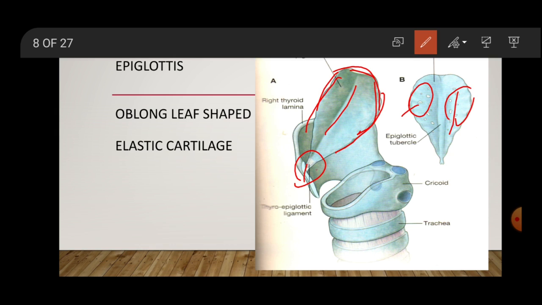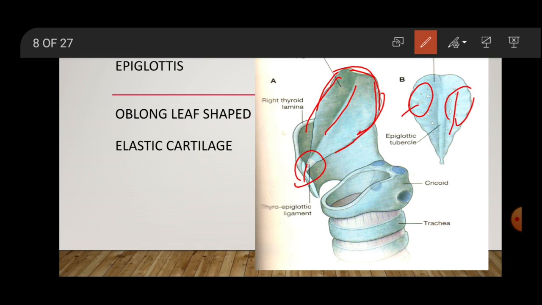On this posterior surface, the epithelium is respiratory in the lower part and stratified squamous in the upper part. This is again similar to the anterior surface. The upper part of both the anterior and posterior surfaces is lined by stratified squamous epithelium, while the lower part is lined by respiratory epithelium. And on the posterior surface, you can see the pits produced by the small mucous glands.